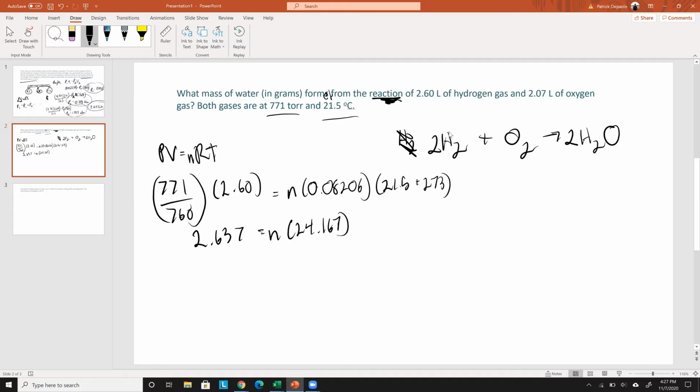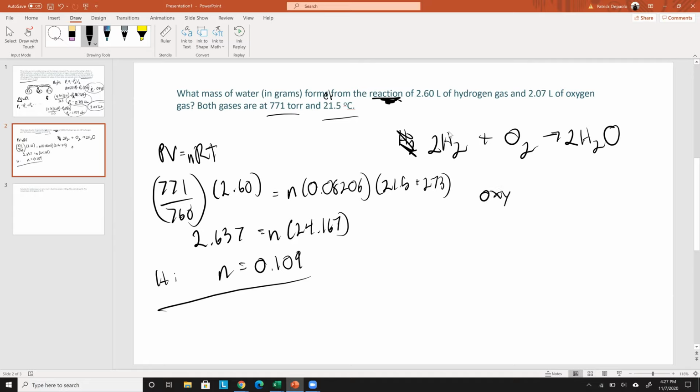So you get 2.637 divided by 24.167. And N you get, for hydrogen, 0.109. Okay, so that's good. Next, we're going to do the same exact thing for oxygen, and then we're going to see how many moles we have, and then which one's limiting, and then how far the reaction goes.